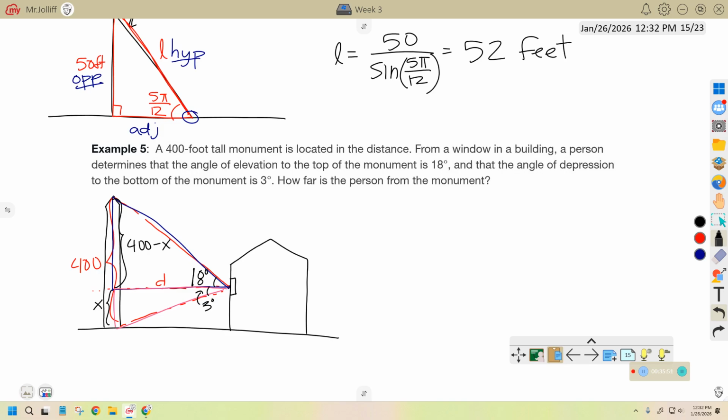Adjacent. So d is the adjacent side I'm looking for. What are these sides over here relative to that angle? Opposite. So I have opposite and adjacent involved. So which trig function should I use? Good. In both cases, I'm going to have a tangent function: for 18 degrees, and for 3 degrees.